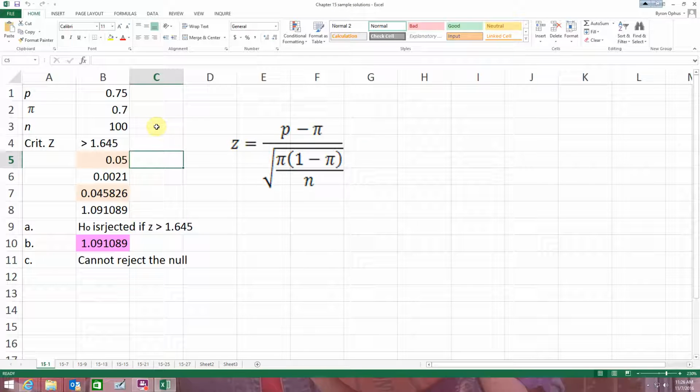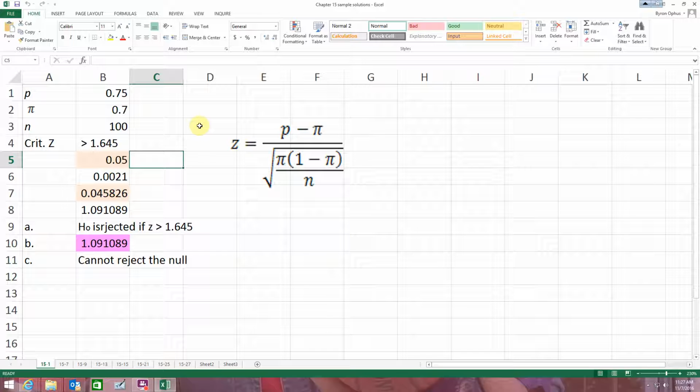Now, for problem number 1 here, it just gives us the basics, right? It states the hypothesis. The null hypothesis is that pi is less than or equal to 0.7, and H sub 1 is that pi is greater than 0.7. So the null hypothesis is that it's less than or equal to, and the alternate hypothesis is that it's greater than 0.7.